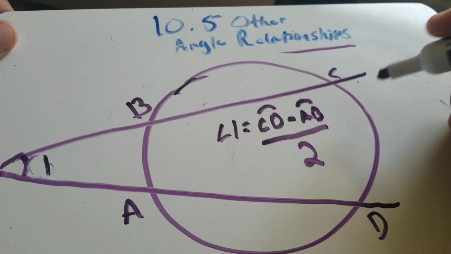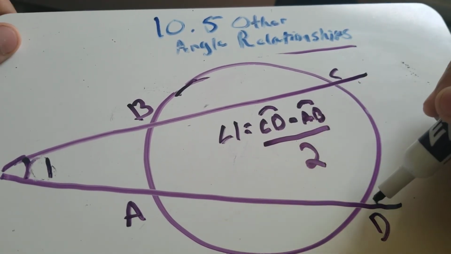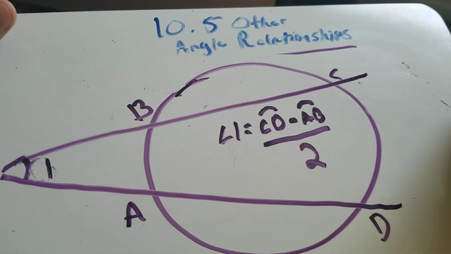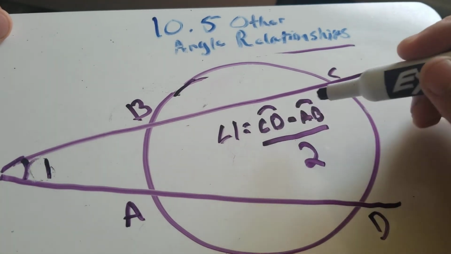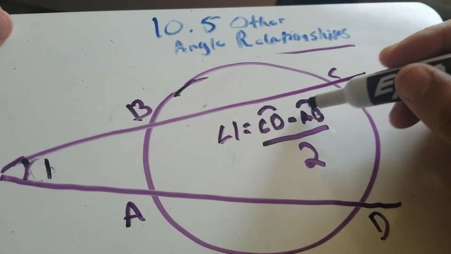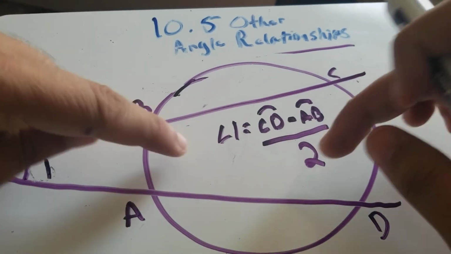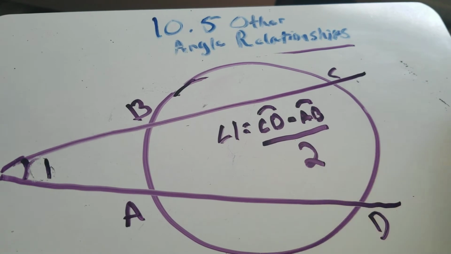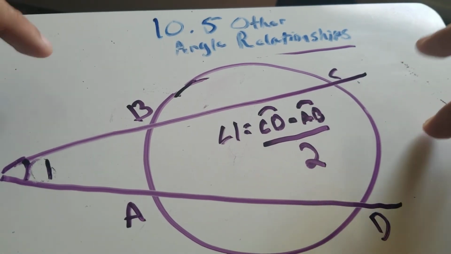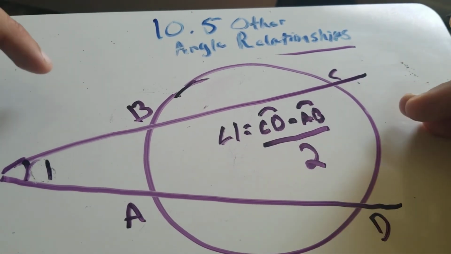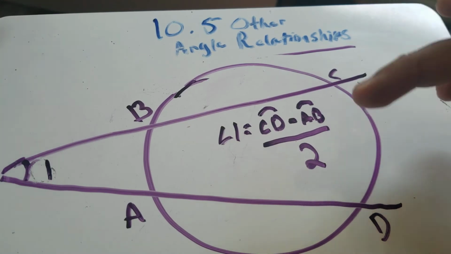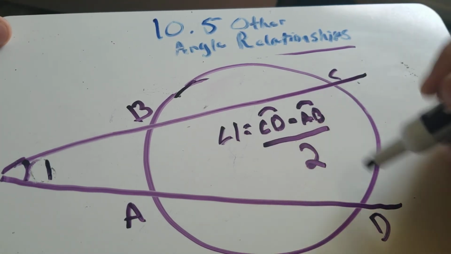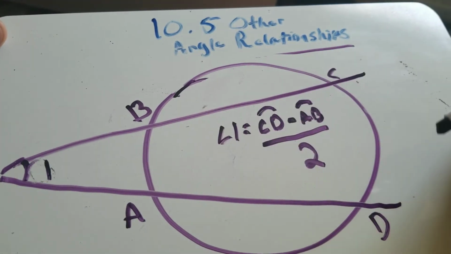Once again, it's the major arc CD minus the minor arc AB. Notice from the last one, when it was inside, you would average it, so you would add. That's why it didn't matter which one's first or second. This one is very important to point out what is first and what is second. So angle 1 equals CD, the bigger arc, minus AB, the smaller arc, divided by 2.